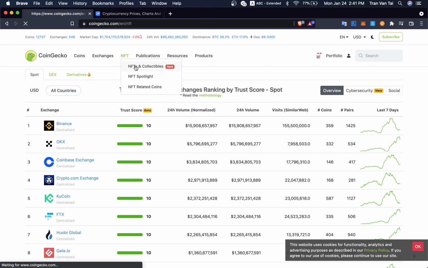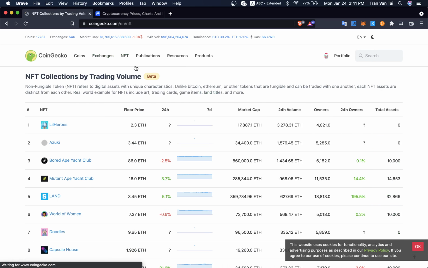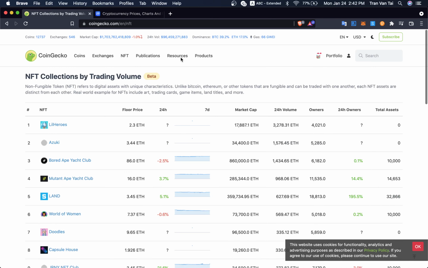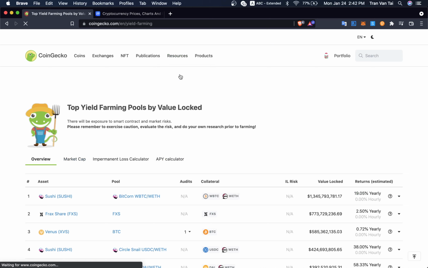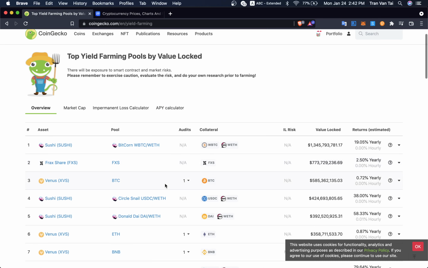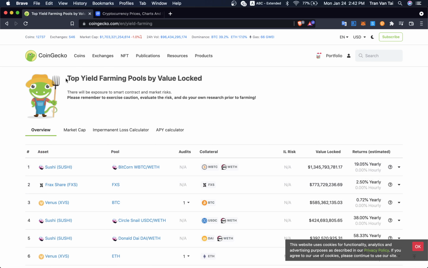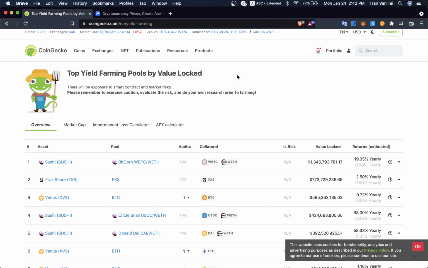derivatives, and NFT and collectibles here. You can view the results. For example, there are tools for us to view yield farming pools. When you see here, you can know which decentralized exchanges have yield farming.